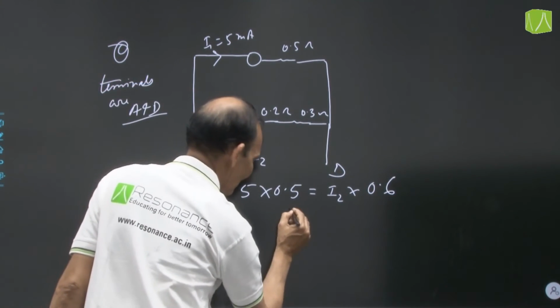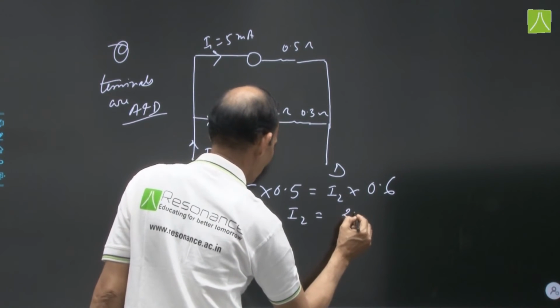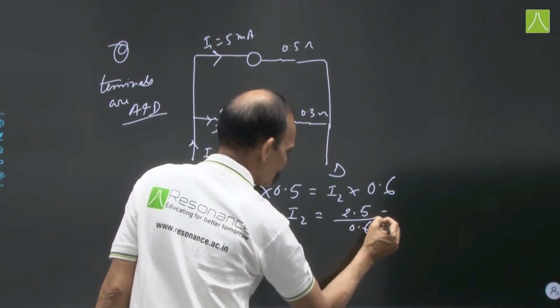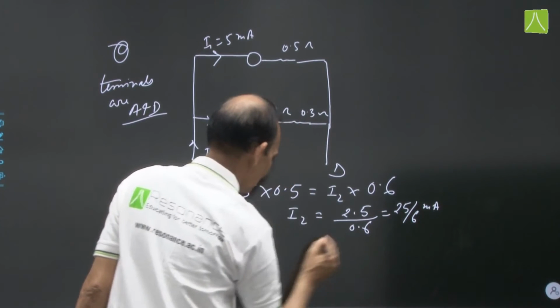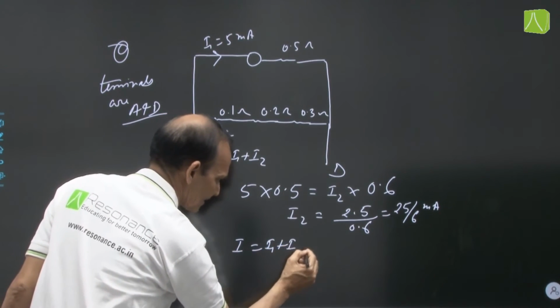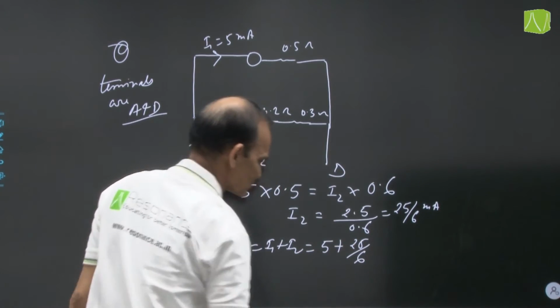So I2 is equal to 2.5 divided by 0.6, or 25 by 6 milliampere. Total current I will be equal to I1 plus I2, that is 5 plus 25 by 6.